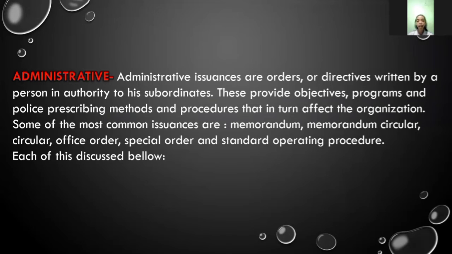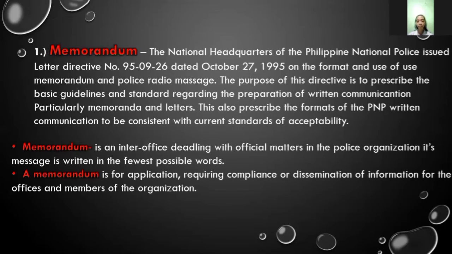These provide objectives, programs, and prescribing methods and procedures that in turn affect the organization. Some of the most common issuances are memorandum circular, office order, special order, and standard operating procedure, na i-discuss natin mamaya.